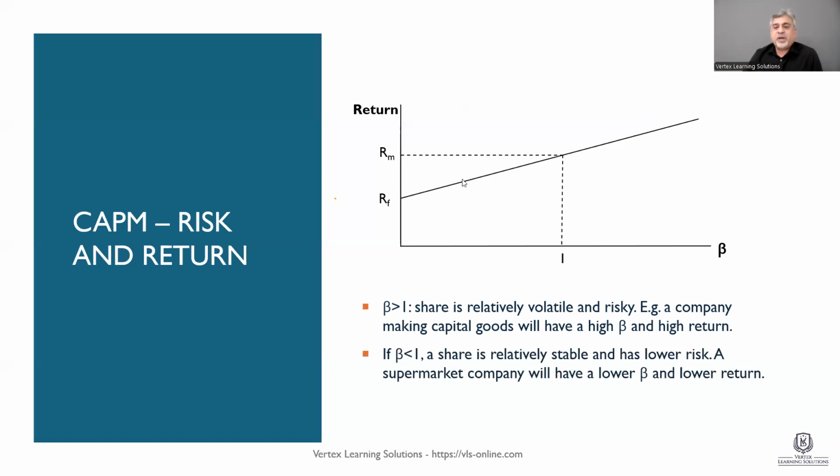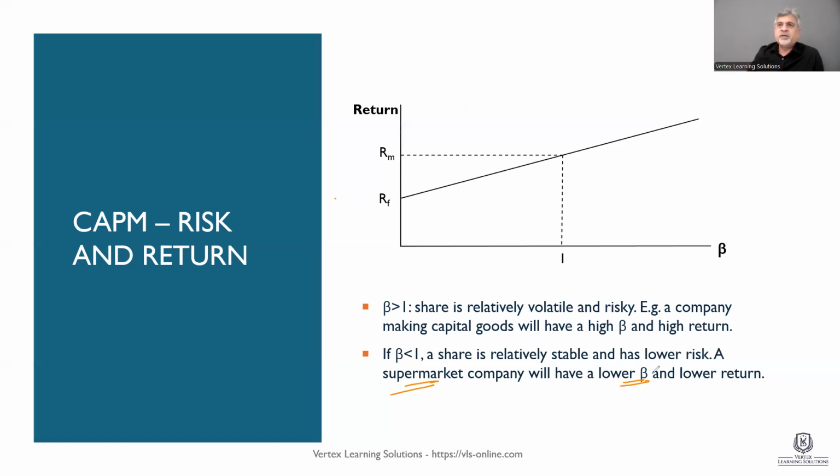If beta value is less than 1, a share is less risky and stable. For low risk, a supermarket company will have a lower beta, because what do supermarkets sell? They sell groceries, everyday items. So even if incomes are going down, supermarkets are not seriously affected, because these are the things people need to survive or to live every day.